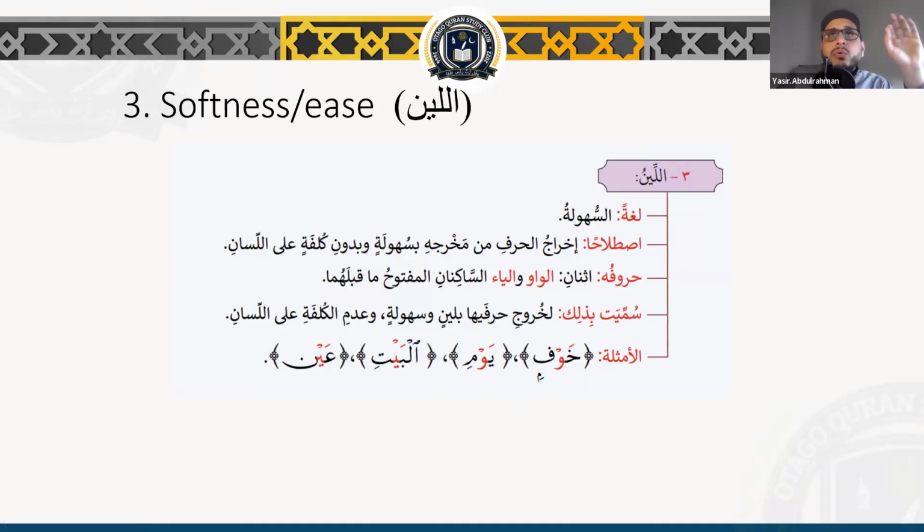We're saying because they are easy to flow through the articulation point. So we say khawf, very easy. The waw goes very light and easy. There is no difficulty in pronouncing it. يوم. البيت. That's why this has to be clear when you pronounce it, because if you don't, it becomes يوم.